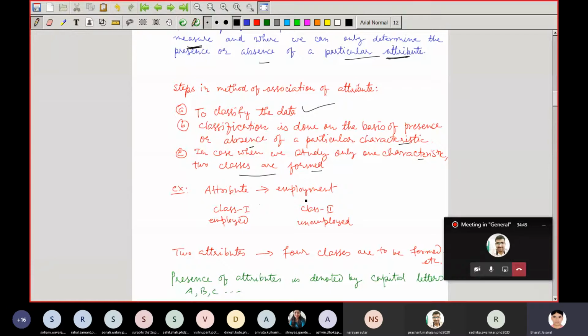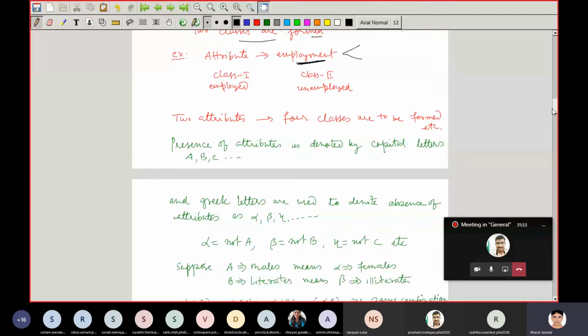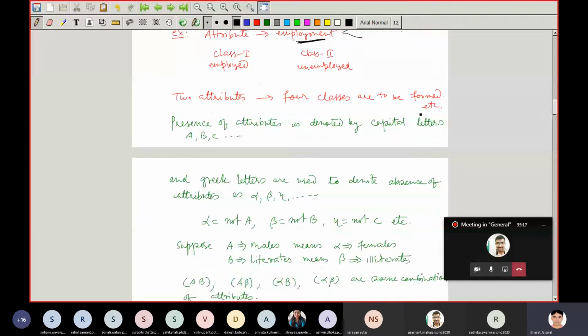Suppose employment is an attribute. There may be two classes: people may be employed or people may be unemployed. So basically one characteristic gives two classes, two characteristics give four classes, presence and absence.